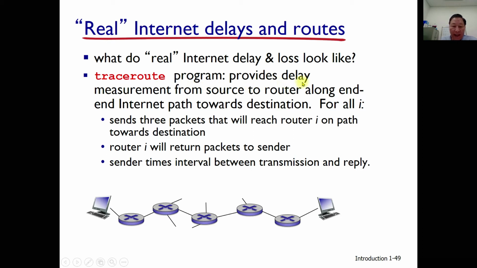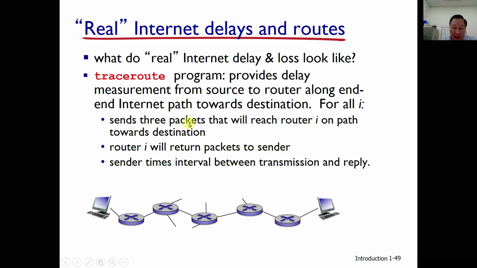This one provides delay measurement from source to each router on the end-to-end internet path towards the destination, for all i, from the first router, that is 1, then 2, 3, 4, until we arrive successfully at the final destination, that is the web server, as we observed already.